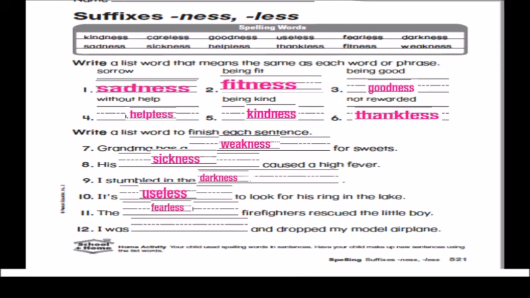Number 12: I was careless and dropped my model airplane. I was what? Careless, because I dropped my model airplane, so I don't care about my airplane.